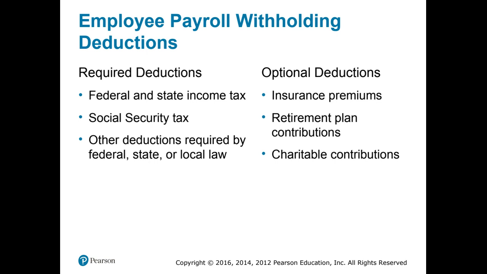So you'll see federal or state or other local taxes potentially. And if you have insurance through your employer, then you'll see medical or insurance premiums somewhere. If you are contributing to a retirement plan, you will see that, and charitable contributions as well. Those can reduce your overall taxable income at the end of the year, which can reduce your tax burden.